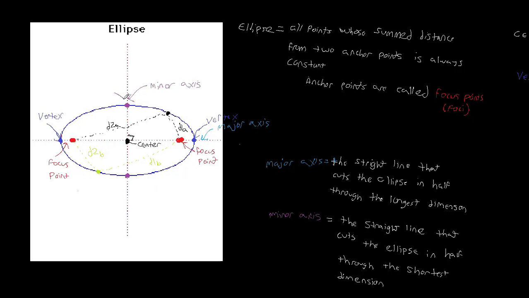These are called covertexes. These points, where the minor axis intersects the ellipse, are called covertexes.